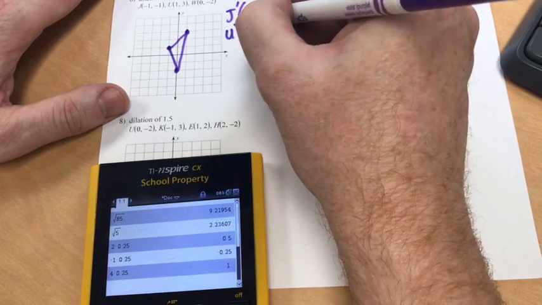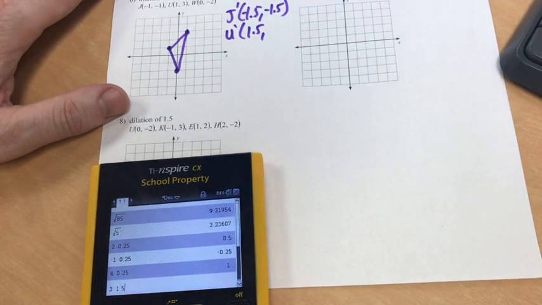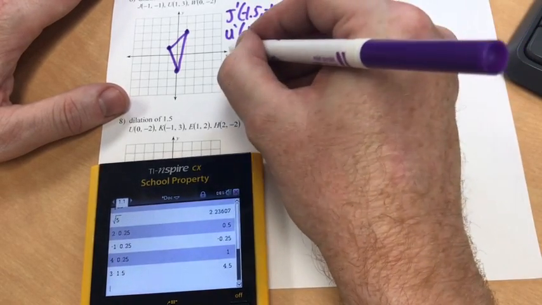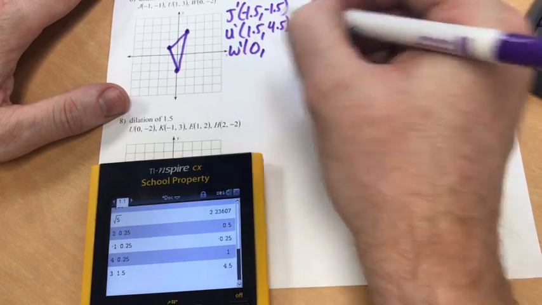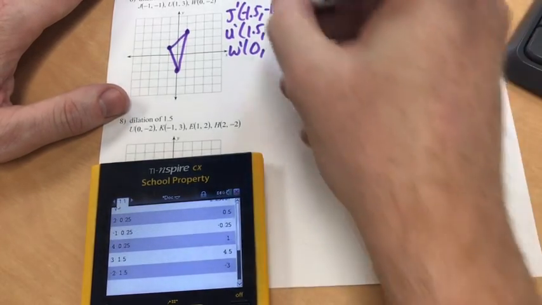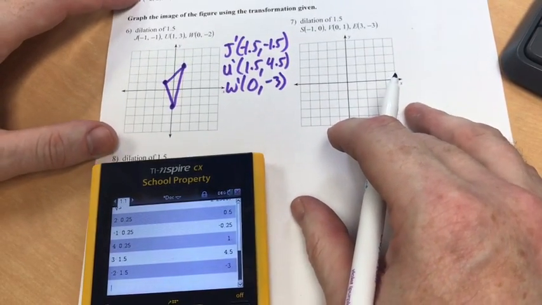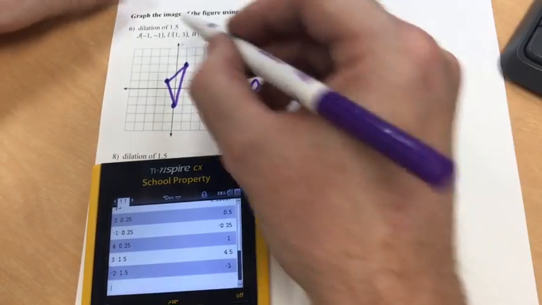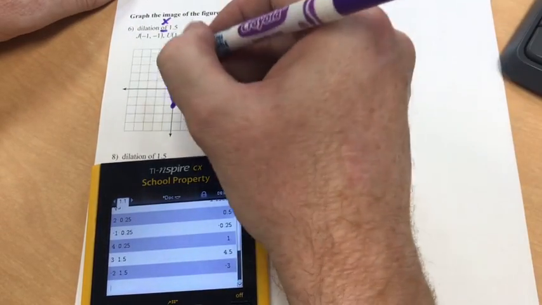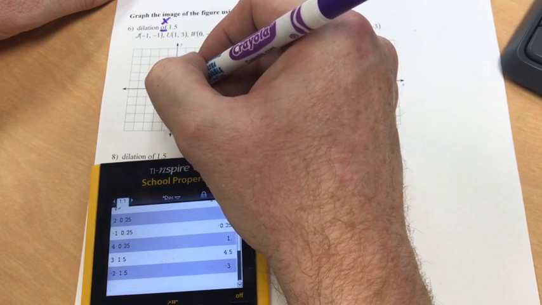U prime becomes 1.5, and then 3 times 1.5 is 4.5. And then W prime becomes 0, and then negative 2 times 1.5 is negative 3. So all I did was multiply each coordinate times my scale factor. Of means times. So now, negative 1.5, negative 1.5.